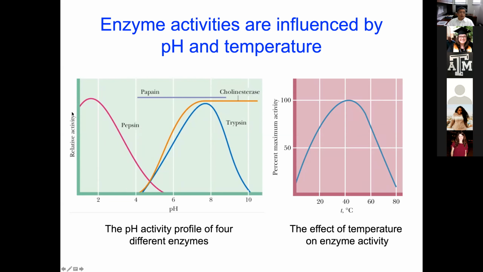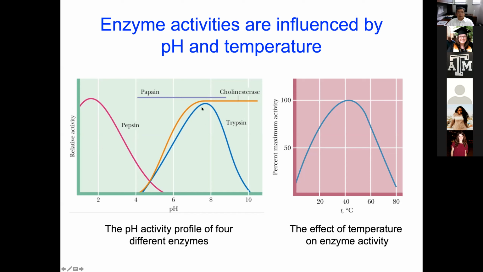Also, here I show you the pH profiles of a few enzymes. For example, pepsin is very active at low pH, in very acidic conditions, and it is not so active at neutral pH.